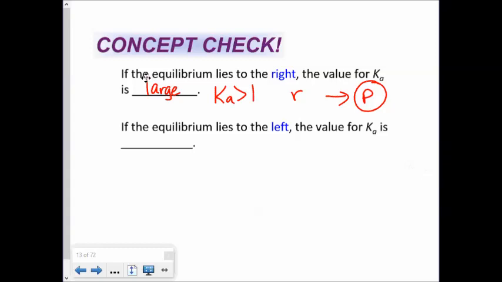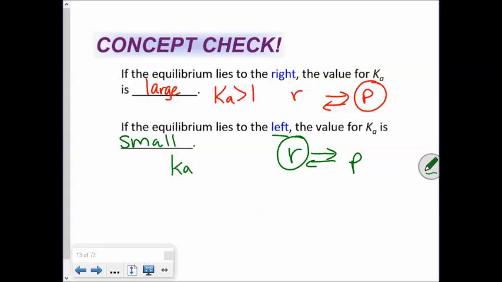Now if the equilibrium lies to the left, I guess we should have double arrows since we're having equilibrium here. In this case, the equilibrium position would lie over here on the left-hand side towards the reactant. So if the K is going to be small, and therefore also the Ka would be what?